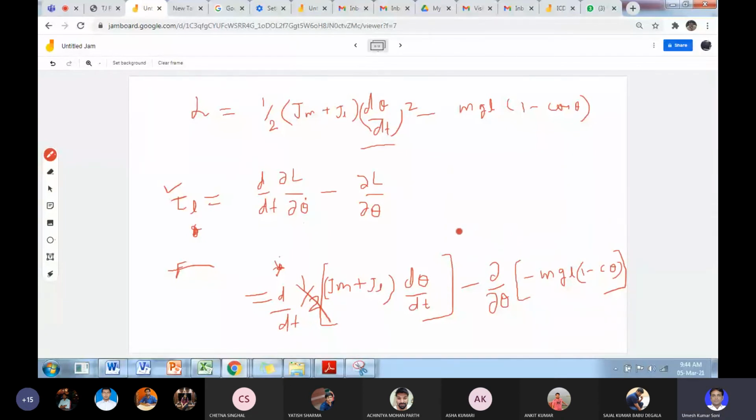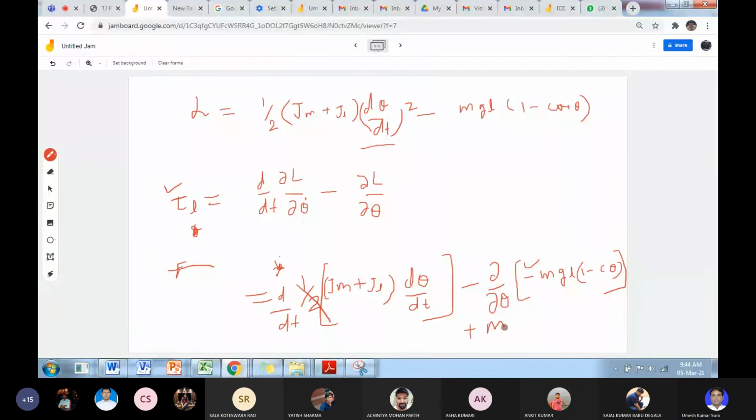What will be the value? Minus, the derivative of cos theta, if we take its derivative how much will come? Minus mgL sin theta. Here you will have minus minus plus, then overall it will be minus and then it will be plus.